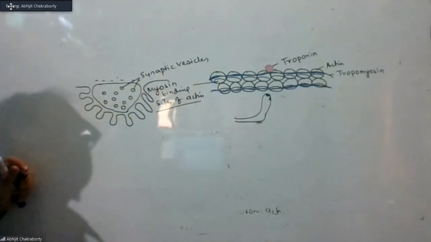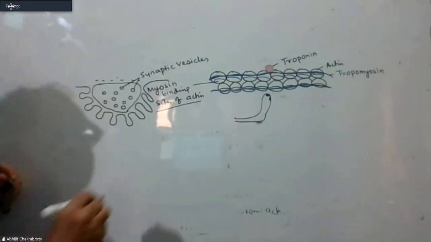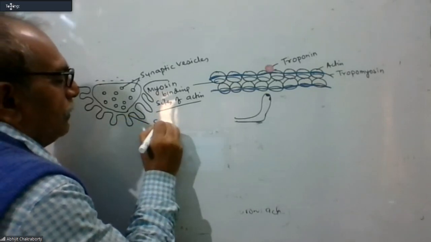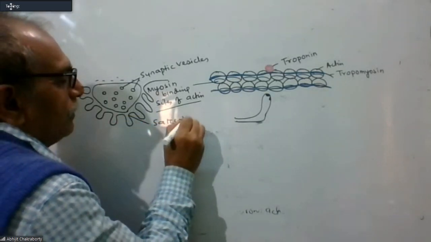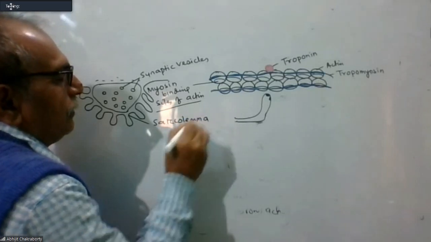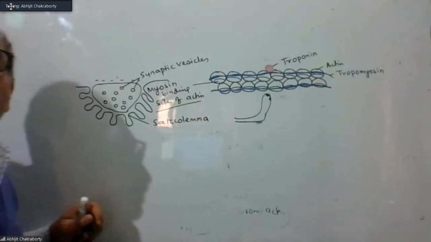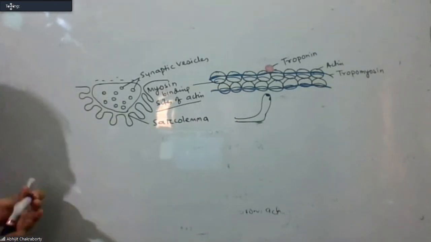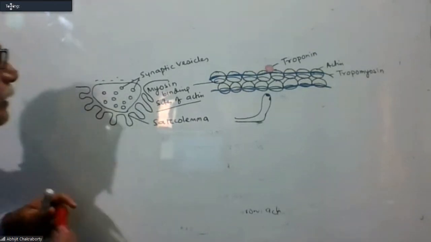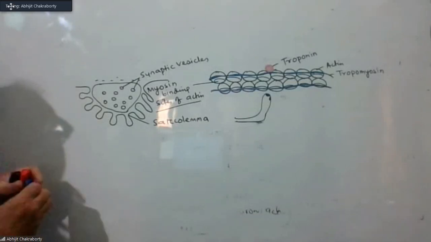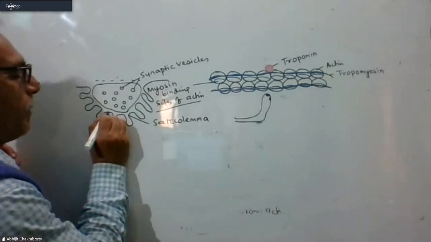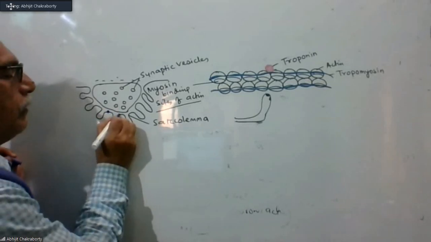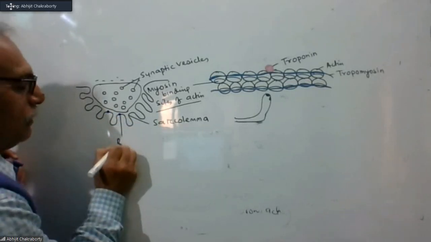Synaptic vesicles. This is a membrane covering the muscle called sarcolemma. Here we will get some receptors, they are called the receptor.